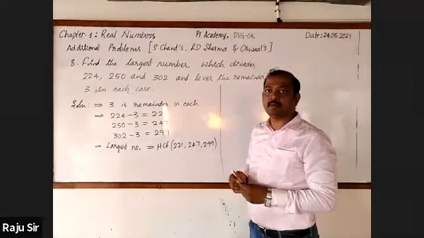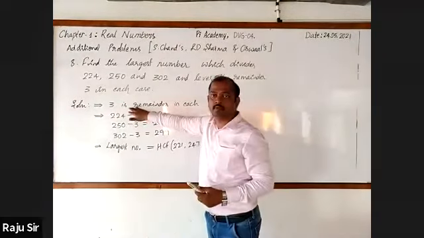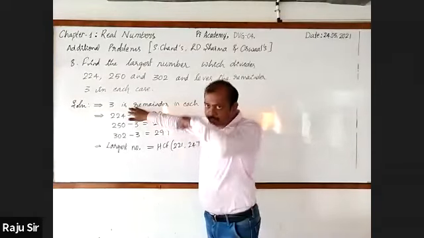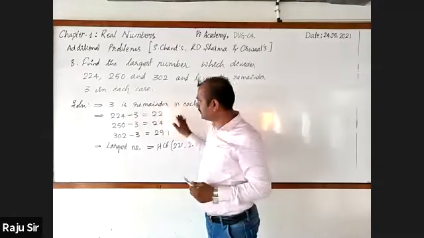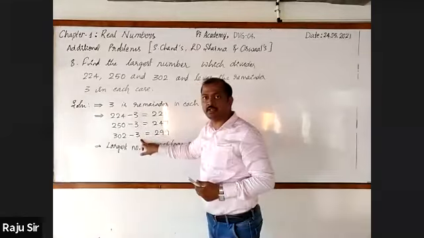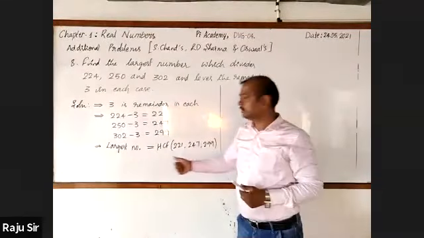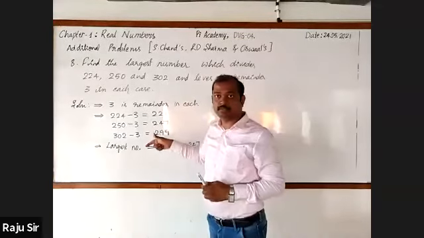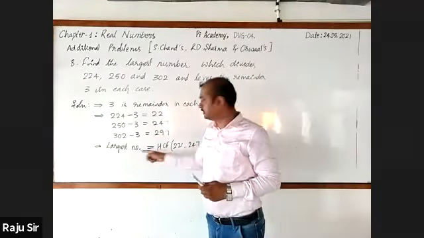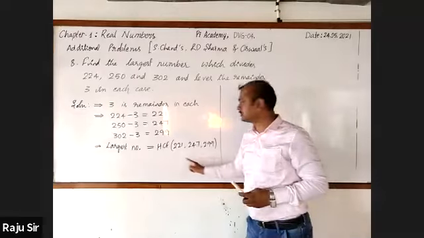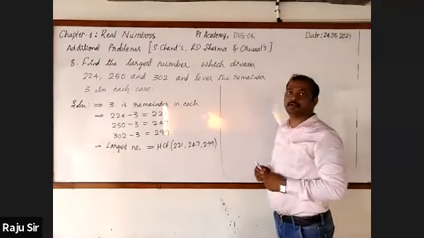These steps are a must because we have to mention the remainder which has been given and that should be subtracted. Then we have to give the reason why it is HCF, which concept is to be used in that. That should be written. Largest number is HCF of the given numbers.